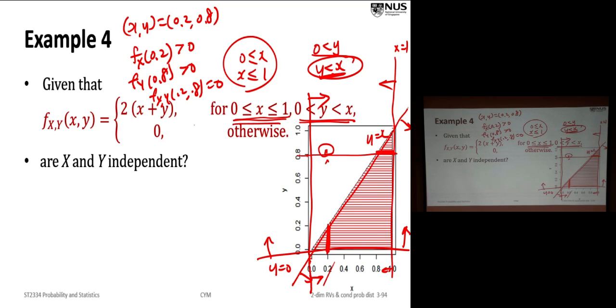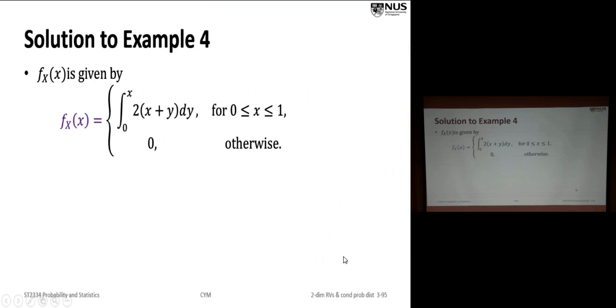Now I try to do it formally. In other words, I work out the marginal of X and the marginal of Y. For the marginal of X, I have to integrate over y. The joint distribution, remember, is only valid for this part. Integrating y means I have to fix x, fix the x value.